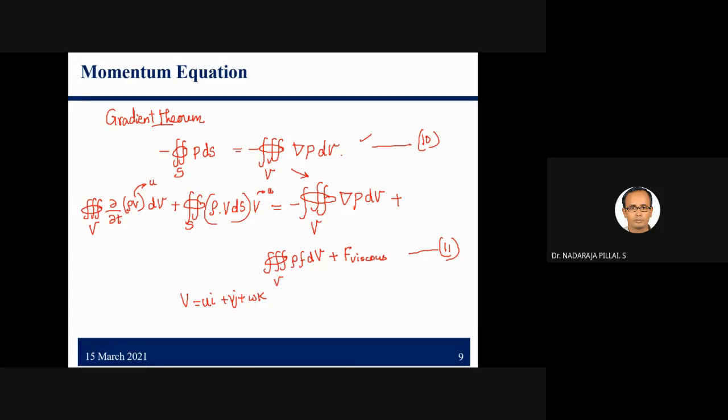And when you have del P, here we can write dou P by dou X, because you know del is dou by dou X plus dou by dou Y plus dou by dou Z. So here we can write dou P by dou X, and the body force in X direction and viscous force also in X direction we can write.